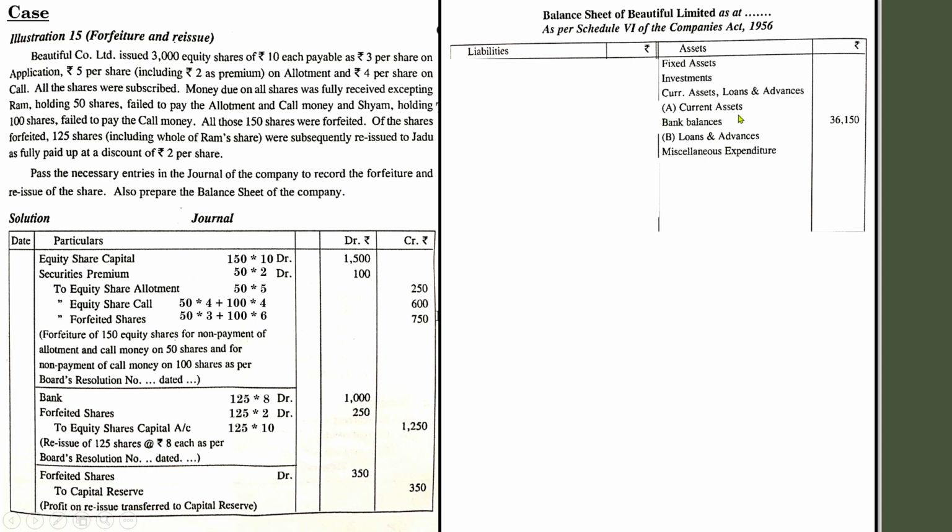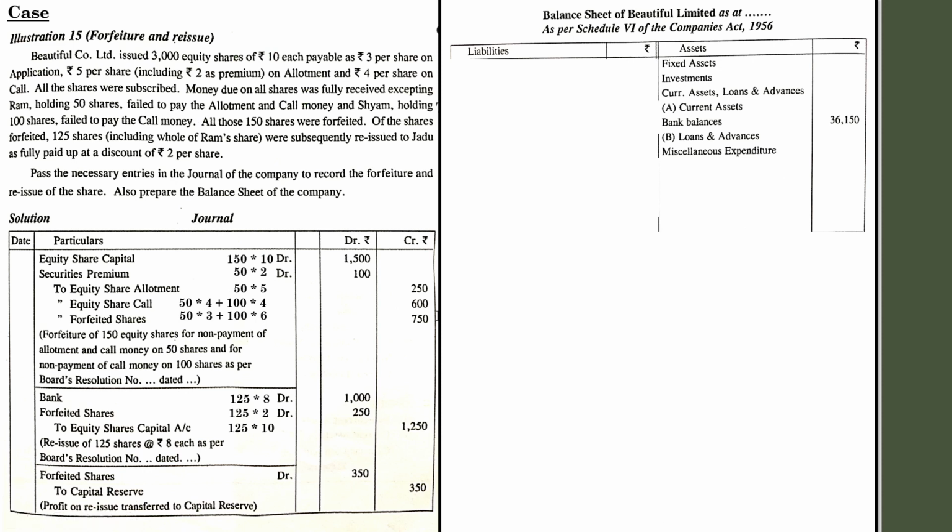So with regard to current assets, the total amount is 36,150. How did we get 36,150? It's very simple. Here in the question, details regarding the issue and each of the installments are given, and in the question they have mentioned only to pass entries with regard to forfeiture and reissue. So actually there are details given in the question to find out the complete amount at the initial stage.